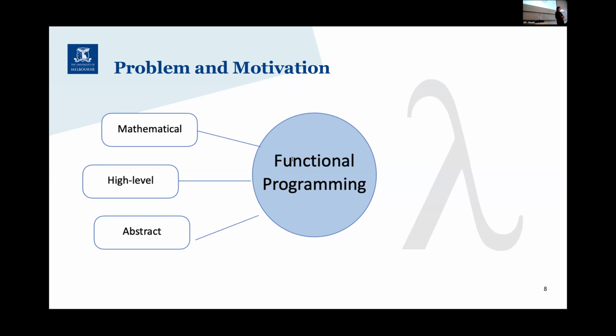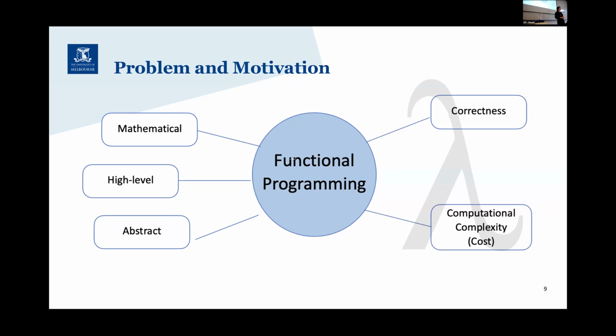And as such, we care about functional programming. When we think about functional programming, there are two things that we need to care about. One is the correctness of our programs, and another one is the computational complexity of our programs, which is the cost.